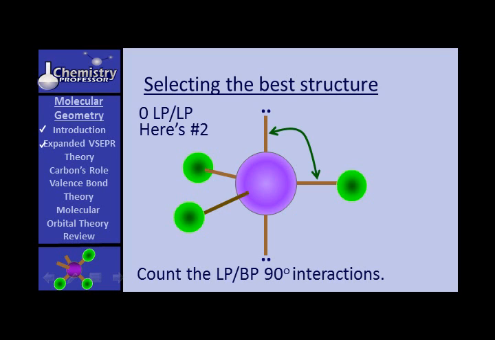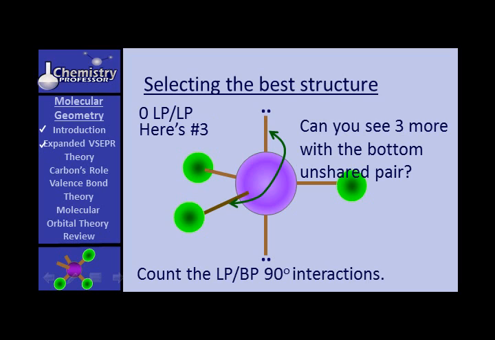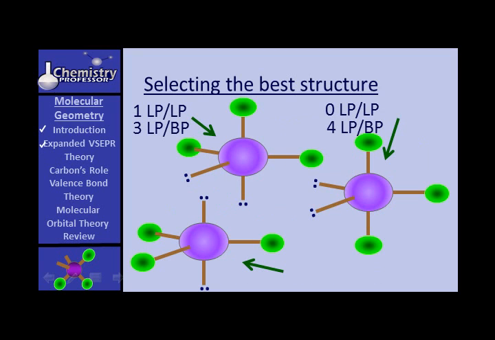There's number 2. There's number 3. And now wait a minute. Do you see 3 more when you use the bottom unshared pair? You should. So how many do you see in all? You see a total of no lone pairs and 6 lone pair bond pairs.